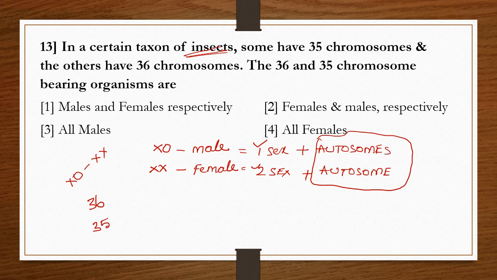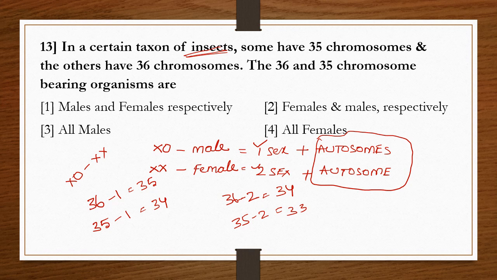Suppose in 36, if you subtract one sex chromosome, the autosomes become 35, and if you subtract here it becomes 34. Similarly, in 36, if you subtract two sex chromosomes, it becomes 34, and if you take 35 minus 2, it becomes 33.